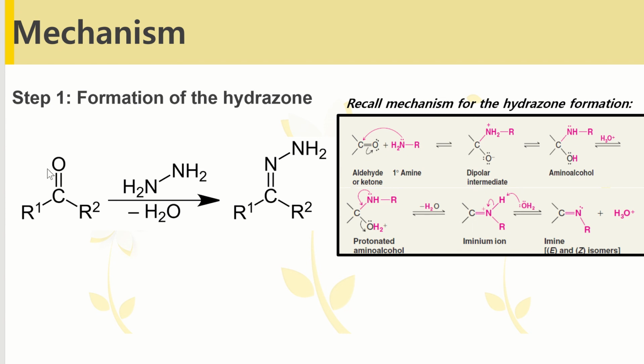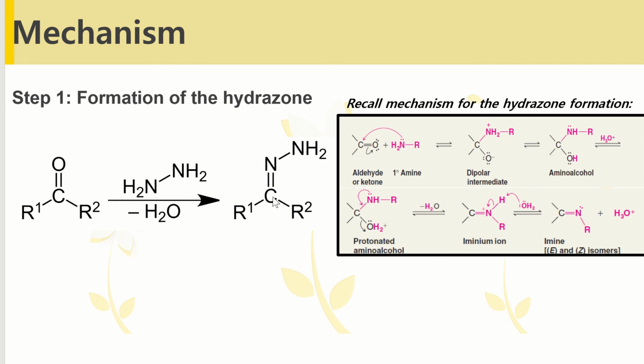And so from here, again, the only difference between that structure and this one is that instead of having the hydroxyl group, we have another amino group, right? So that is the difference. At the end of the day, we end up with a carbon-nitrogen double bond.